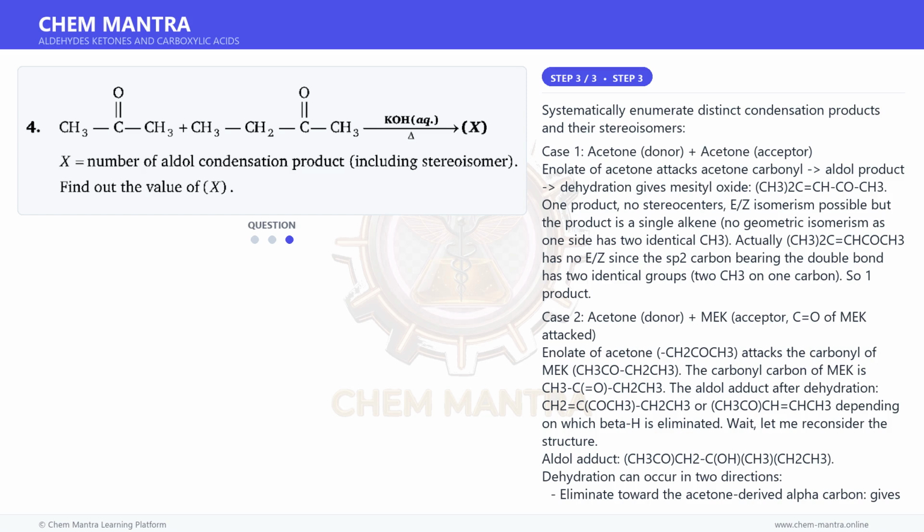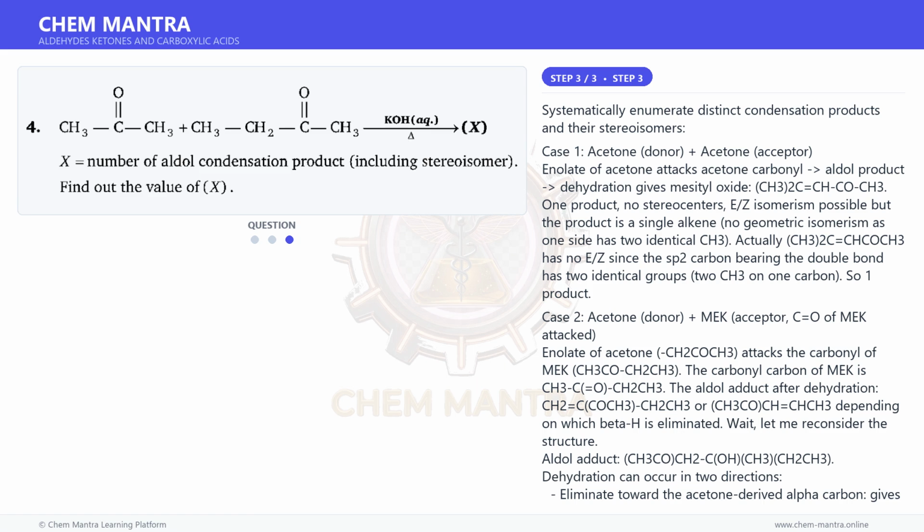And for the final step, systematically enumerate distinct condensation products and their stereoisomers. Case 1, acetone donor plus acetone acceptor. The enolate of acetone attacks the acetone carbonyl, and the aldol product, on dehydration, gives mesityl oxide, (CH3)2C=CH-CO-CH3.